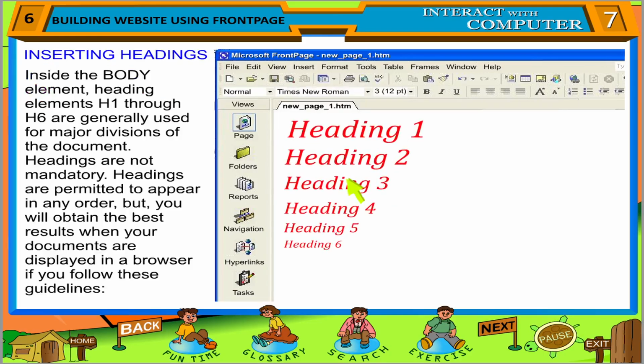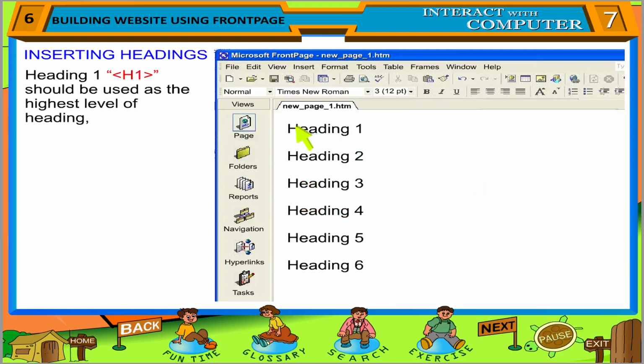Inserting headings. Inside the body element, heading elements H1 through H6 are generally used for major divisions of the document. Headings are not mandatory. Headings are permitted to appear in any order, but you will obtain the best results when your documents are displayed in a browser if you follow these guidelines.